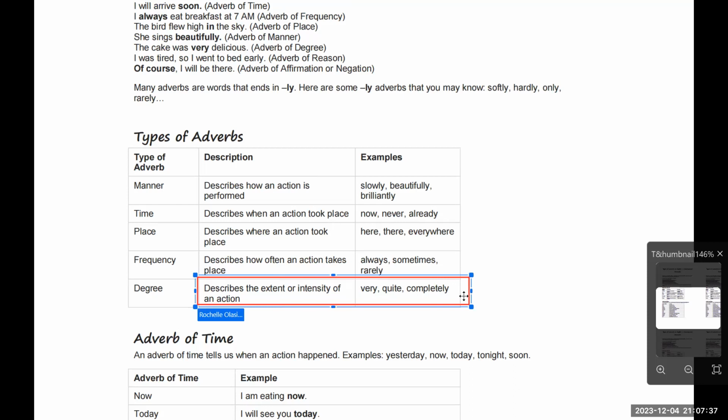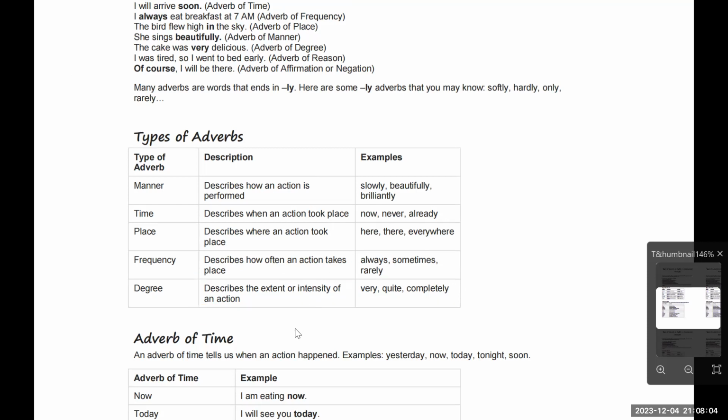Very, quite, completely. That's right. So intensity meaning like very, how strong, how intense you did something, like very mad, for example. Very fast. Okay. So there's intense. So we will continue it.